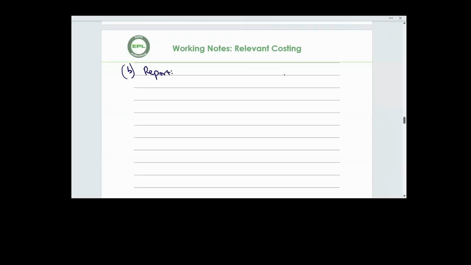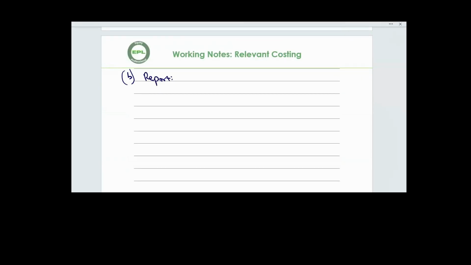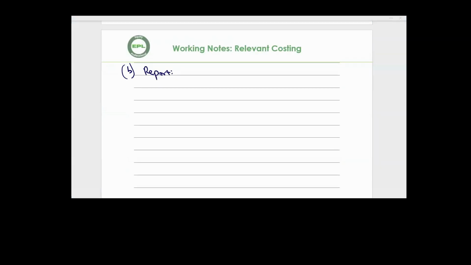Let's go back to the question and read the requirements. Write a report to the company stating whether the organization should tender for the project, stating the reasons why, and the price, and bearing in mind that the competitor is prepared to undertake the project for 300,000 naira.